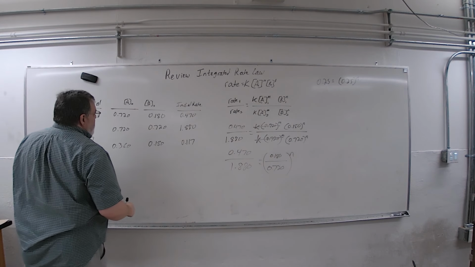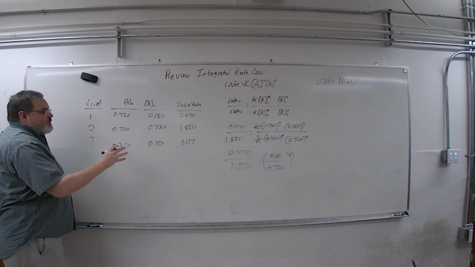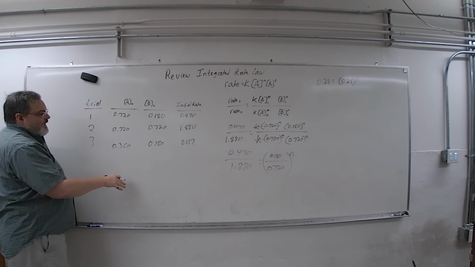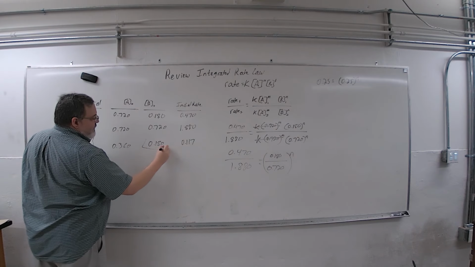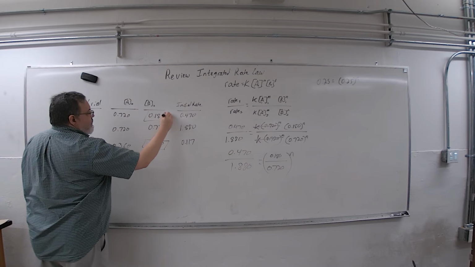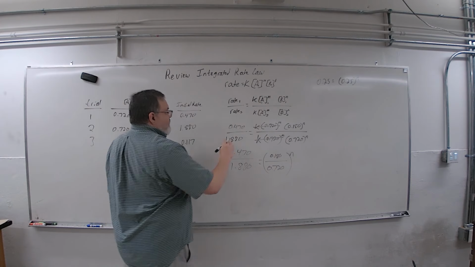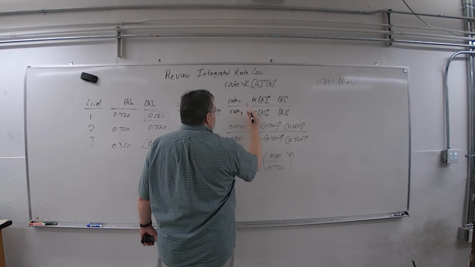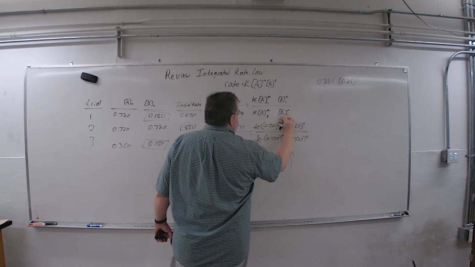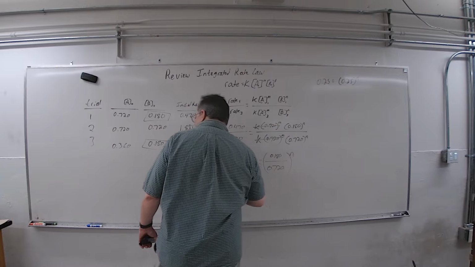Now we need one where B stays constant and A changes. They're not always consecutive, but notice 0.180, 0.180. So we'll do 1 and 3 this time. And that's going to make B drop out.